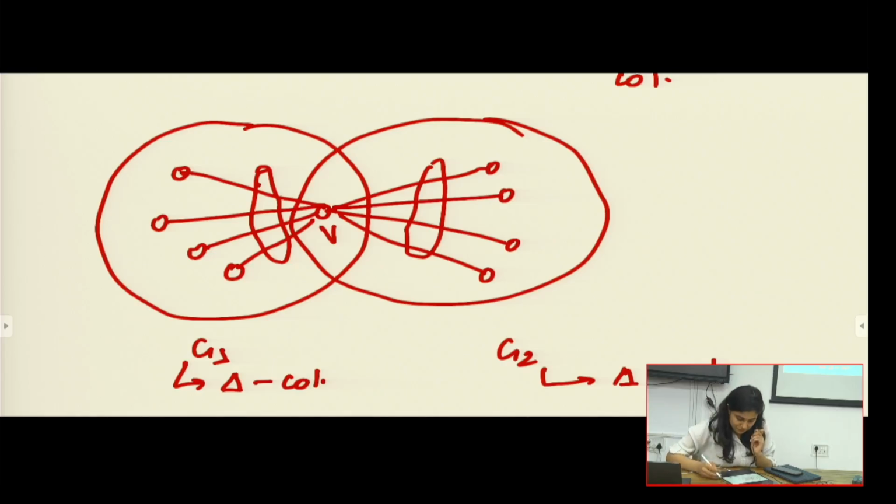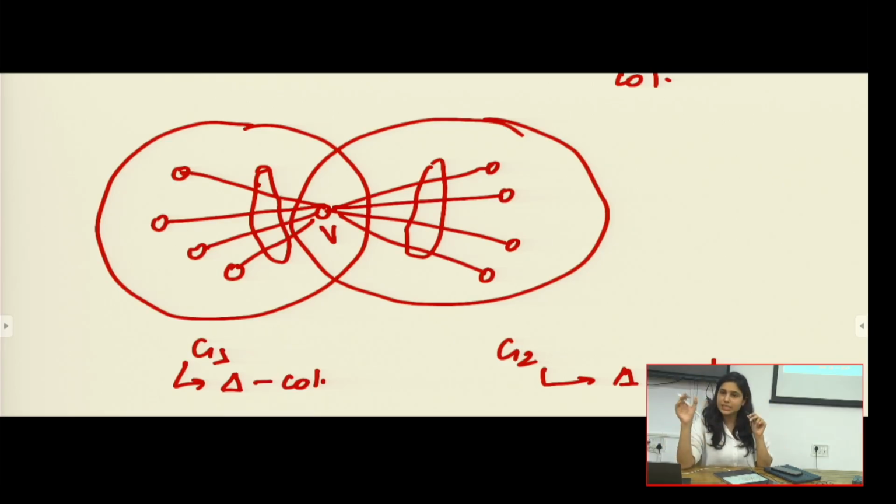Suppose G1 star is a graph containing G1 and v, and G2 star is the graph containing G2 and v. So G2 star is delta colorable and G1 star is delta colorable.